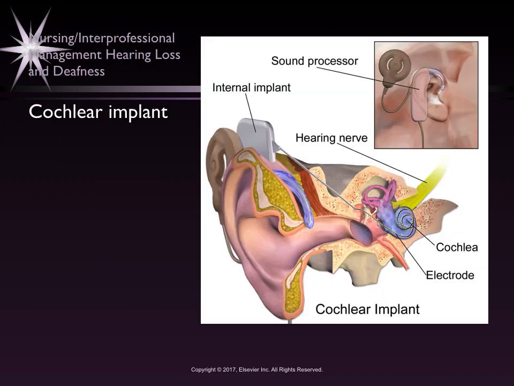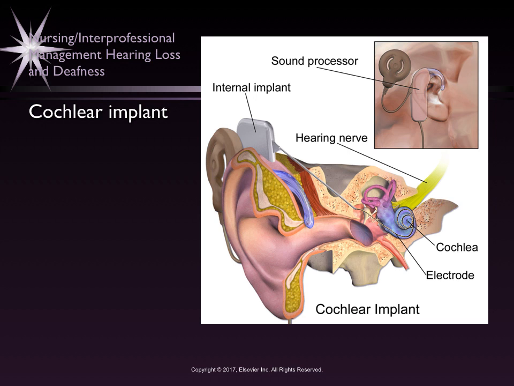Cochlear implants, and I gave you a couple of videos about this, are a system that consists of an external microphone placed behind the ear, a speech processor, and a transmitter implanted under the skin that changes sounds into electrical impulses, and a group of electrodes that are placed within the cochlea and stimulate the auditory nerves in the ear.